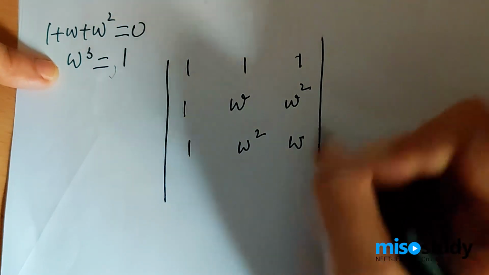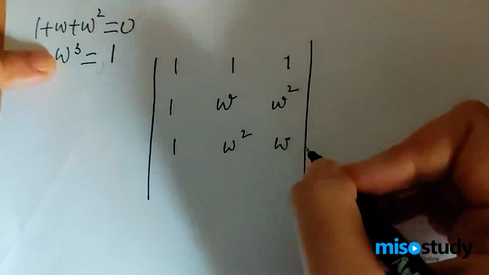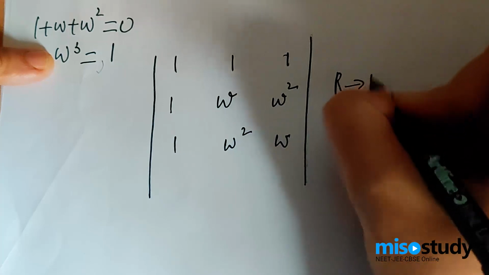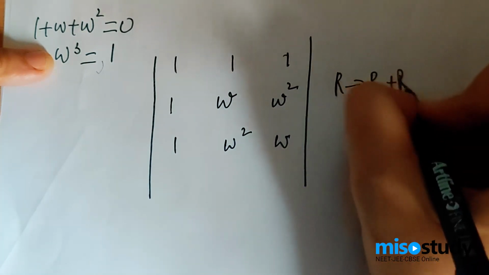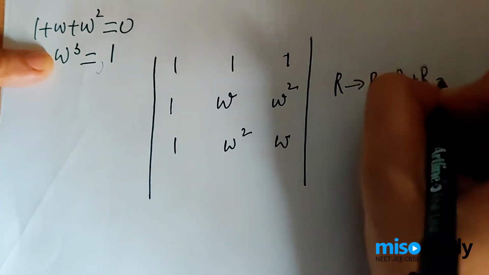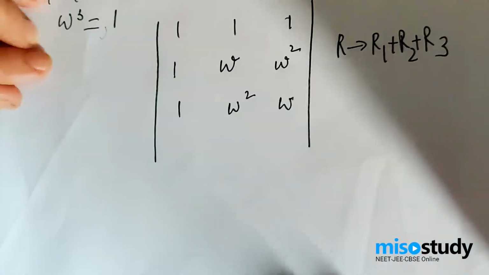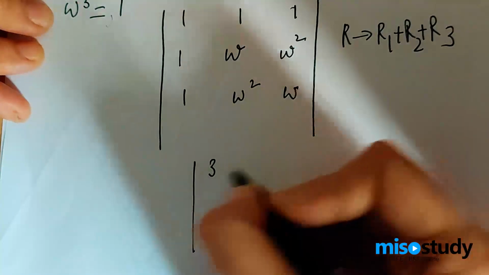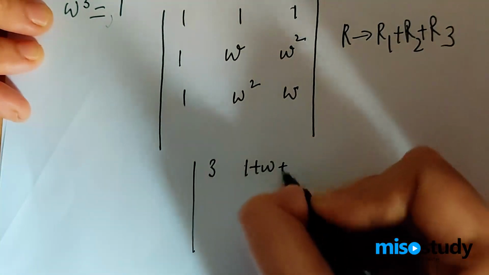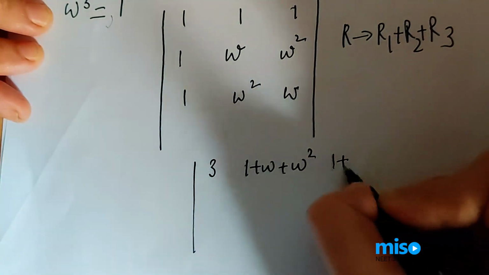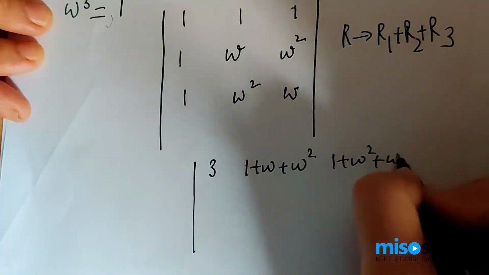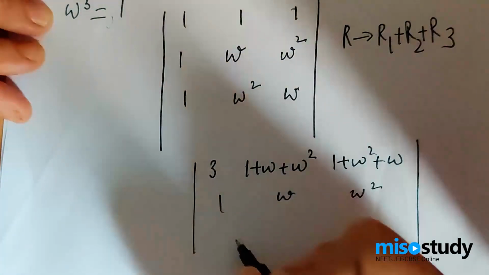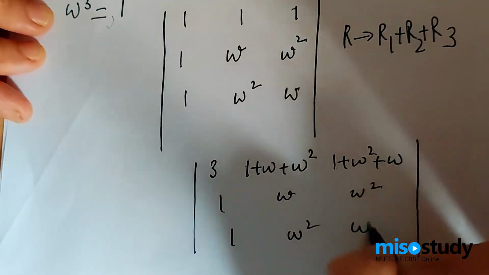Now, if you try to solve this simple determinant, I can apply the operation R1 goes to R1 plus R2 plus R3. So if I apply this operation, I will have 3, 1 plus omega square, again 1 plus omega square plus omega, 1, omega squared, 1, omega square, omega.